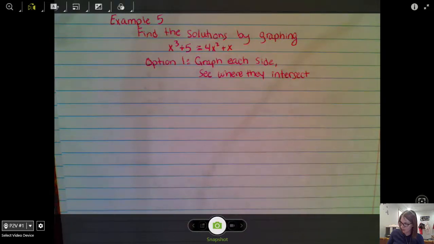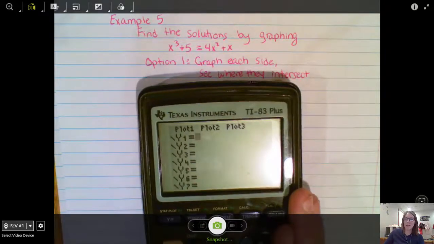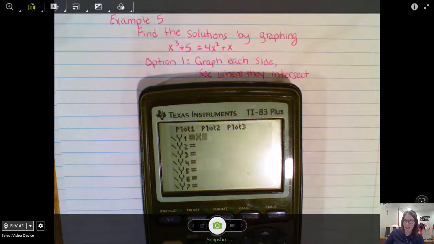So I'm going to go to my y equals and type in one side, x to the third power plus 5.